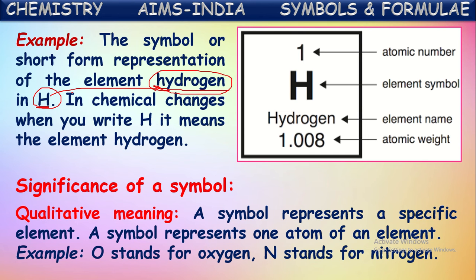In this way, a symbol represents one atom of that element. It also represents a particular specific element. By giving the symbol, we can say which element is represented there. That is called qualitative significance.